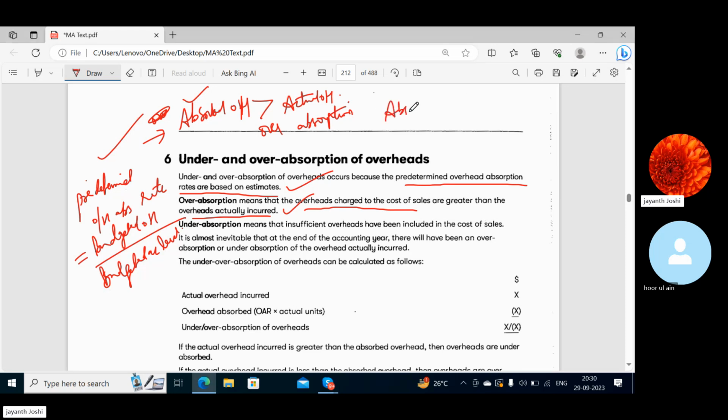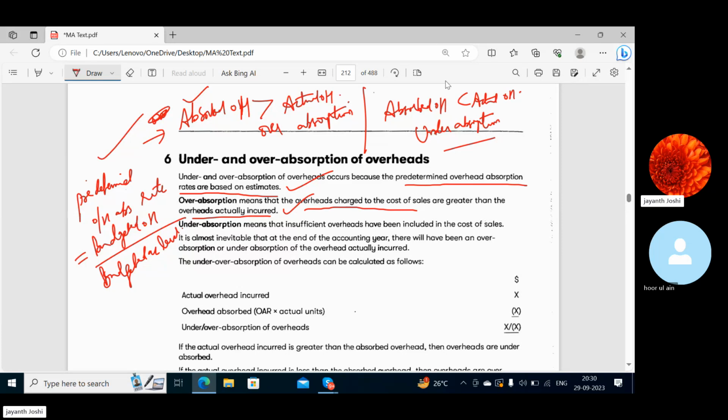If absorbed overhead is less than actual overhead, it is under absorption. That is insufficient overheads you have included in the cost of sales, right? Is this clear? If the absorbed overhead is less than actual overhead, it is under absorption.